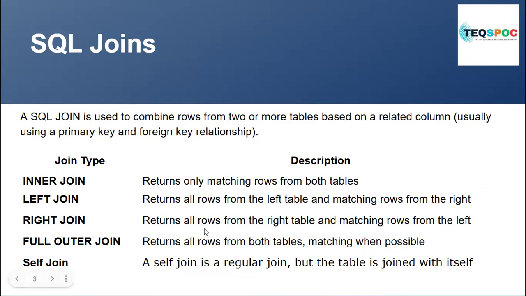Similarly, the right join returns all the rows from the right table and the matching rows from the left table. A full join returns all the rows from both tables plus the matching data. A self join is a kind of regular join, but here the table is joined with itself. It is a different kind of join.